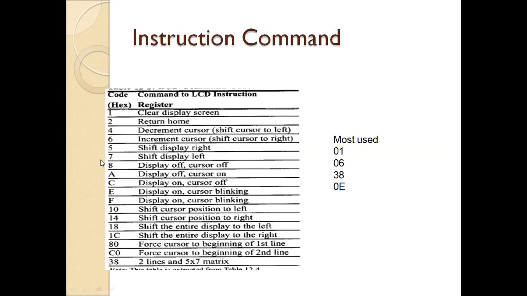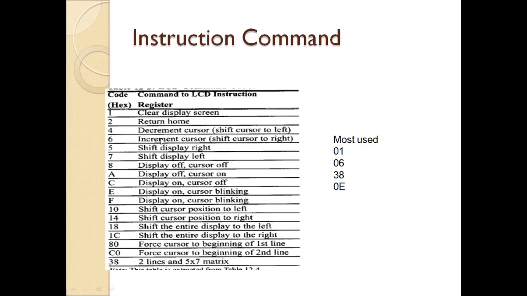Next, there are various command words present. From these, we know what the LCD is going to perform. If the command word is 1, then clear the display screen. If it is 2, then return home. If it is 4, then decrement the cursor to the left.